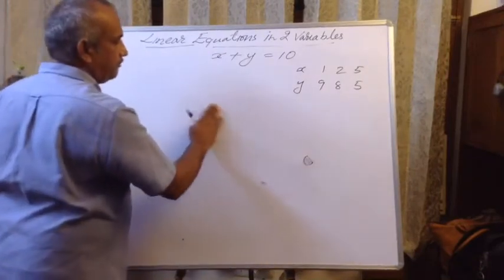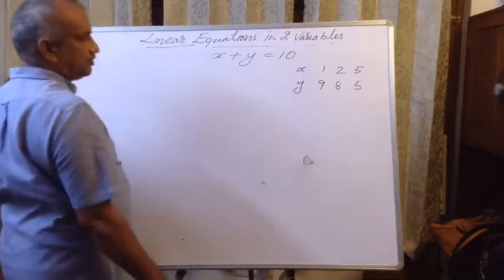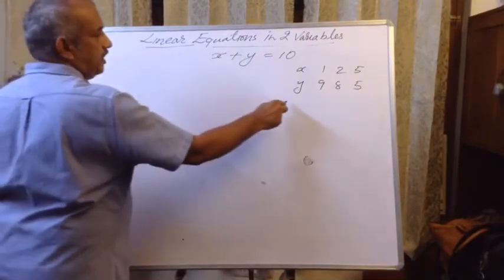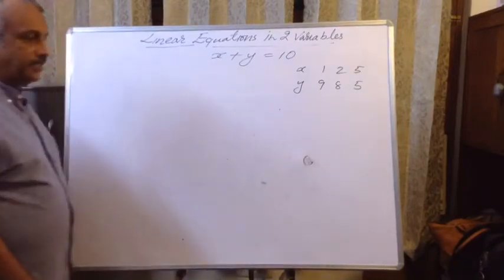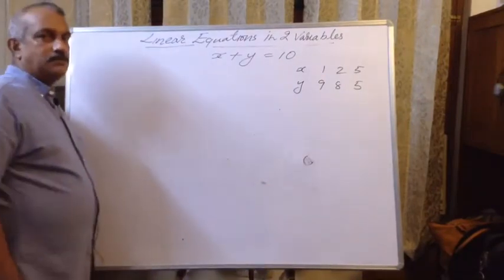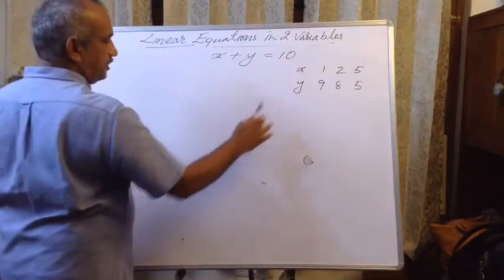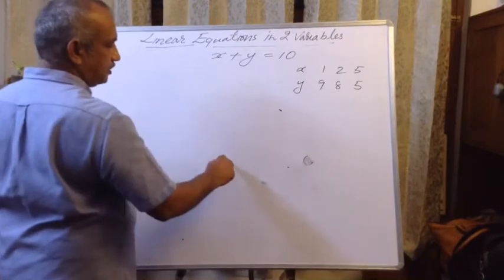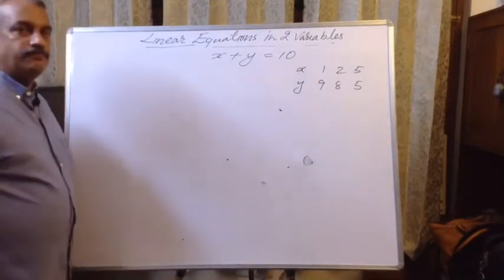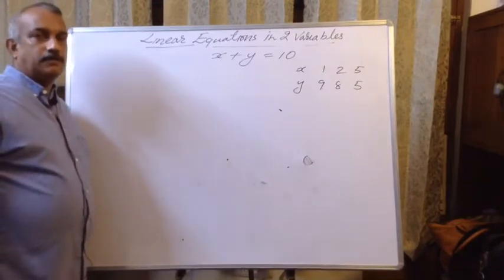Say for example, after finding the values, on a Cartesian plane, if I mark the points and get points like this on a straight line, that means my calculation is correct. Now in case one point is here, one point is here and one point is here, suppose these are the 3 points, definitely the graph is coming wrong. That means I made a mistake in calculation.